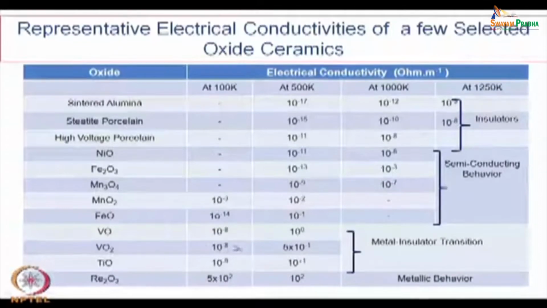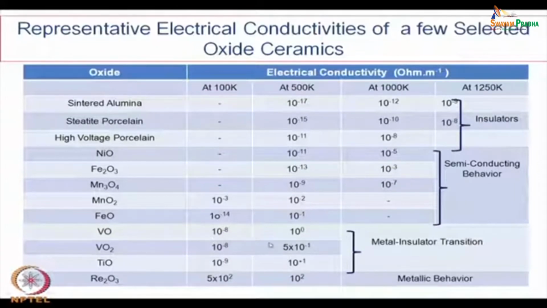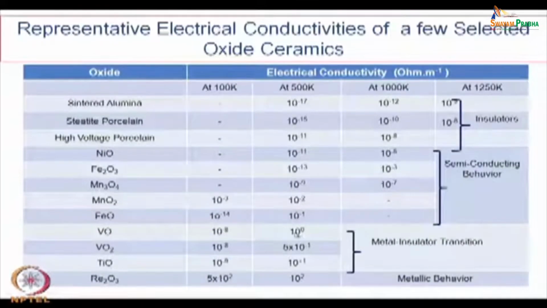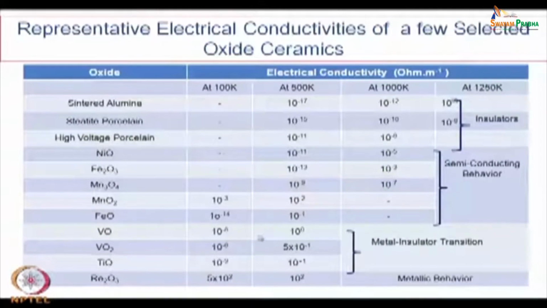You will find there is a huge change of conductivity from a low temperature to a high temperature. Sudden jumps, unfortunately the curves are not here, but once you refer to the curves you will find there is an 8 orders of magnitude change from 100 K to 500 K. Which means there is basically a transition happening from an insulator to almost like a conductor.